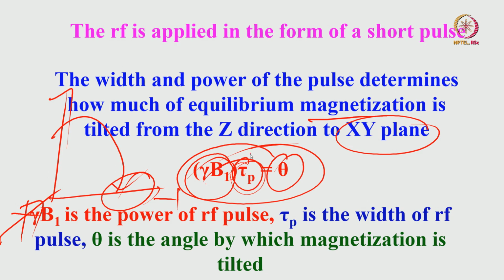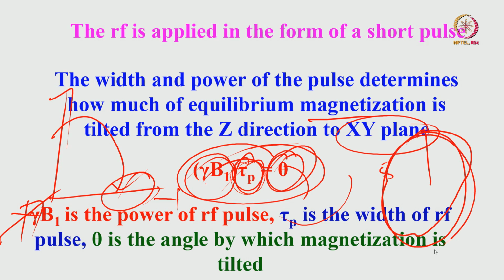If I have a pulse, let us say 5 microsecond, and tilt it by 90 degree, again it is linear. If instead of 5, I make it 10 microsecond, I will tilt it by 180 degree. If I make it 15 microsecond, I tilt it by 270 degree. So magnetization which was here, I can tilt it here, take it here, take it here. I can make the magnetization keep on rotating.